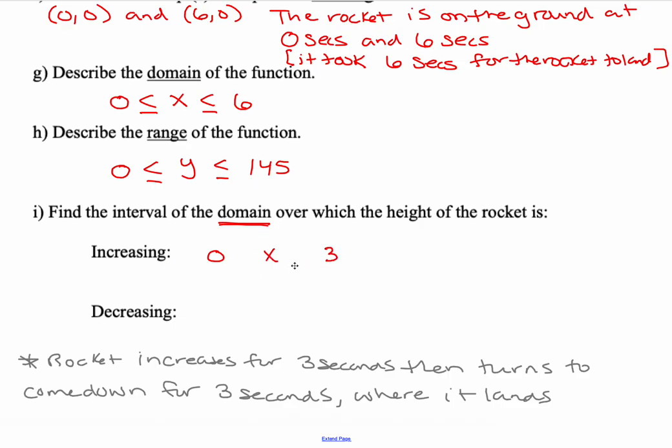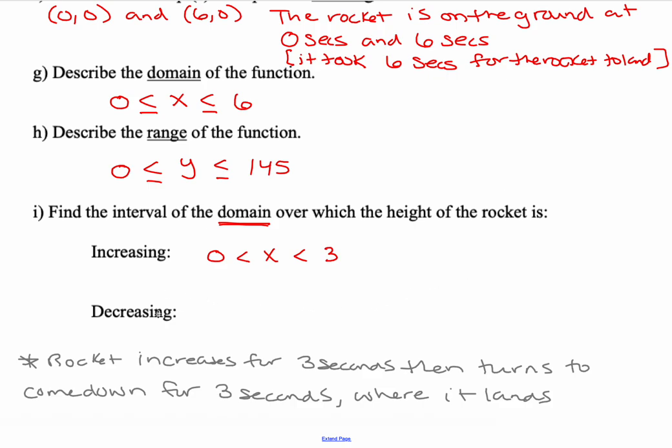I know it's in between these two numbers, so 0 is going to be less than x. It's not at 0 because it's not increasing yet. When it's starting, it hasn't moved yet. Then x is going to be smaller than 3, not at, because the 3 is the turning point, and it's more kind of stationary at that point. That means it's not increasing or decreasing.